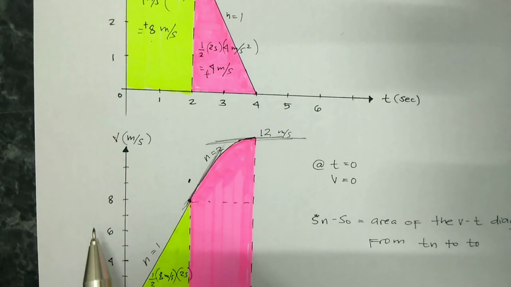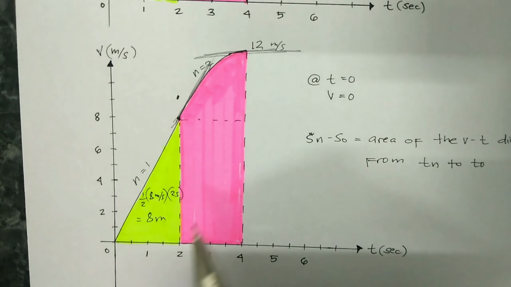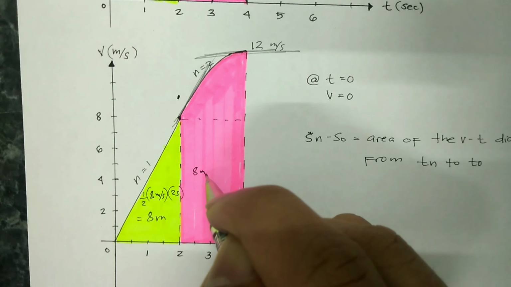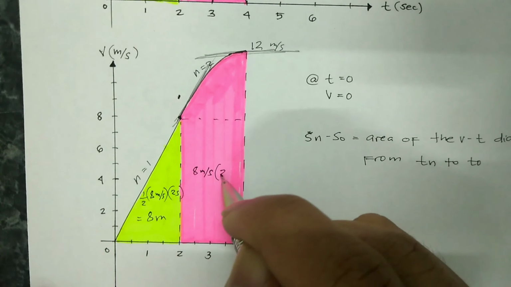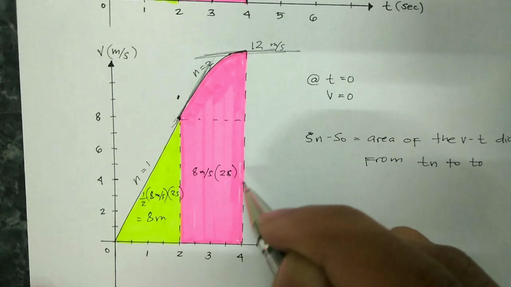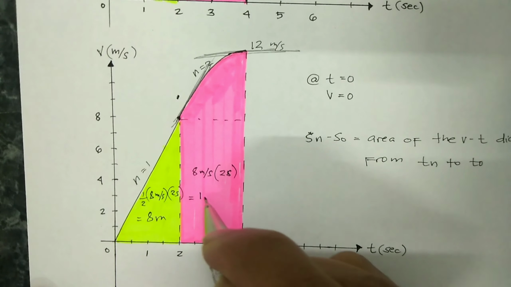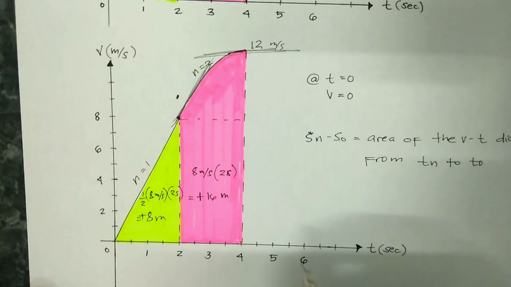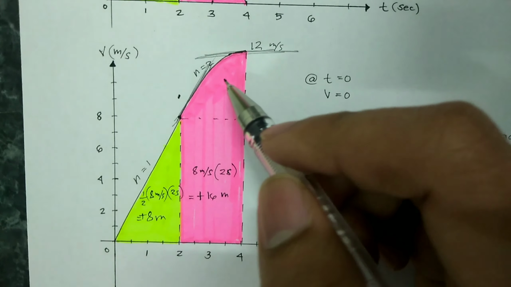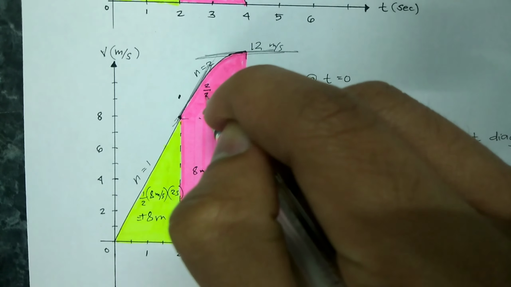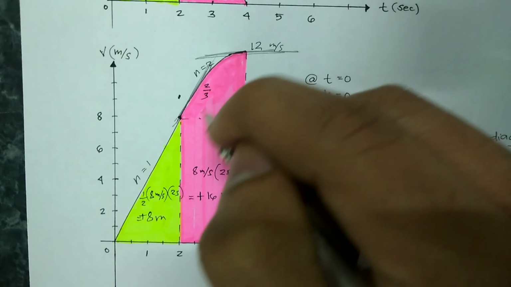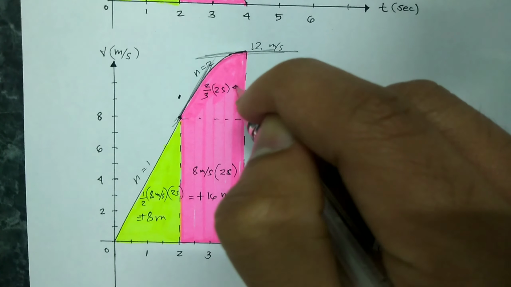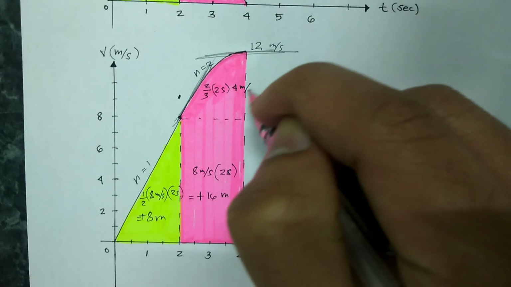So for this area, that would be 8 times the interval of 2 seconds, that is 8 meters per second times 2 seconds. That would be equal to positive 16 meters. For this one, that would be 2/3 of base times height. The base is 2 seconds and the height is 4 meter per second.